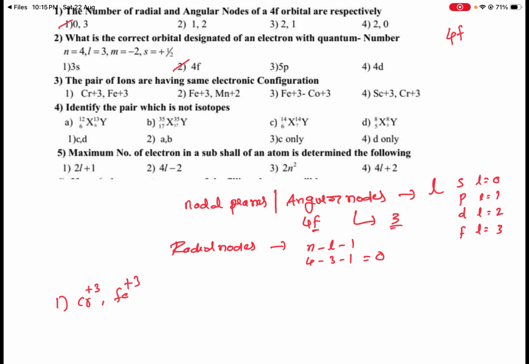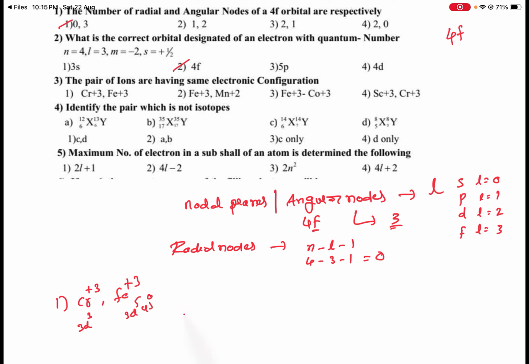Chromium atomic number is 24, that is 3d5 4s1. Plus 3 means 3d3. Iron 26 means 3d6 4s2; plus 3 means 3d5 4s0.